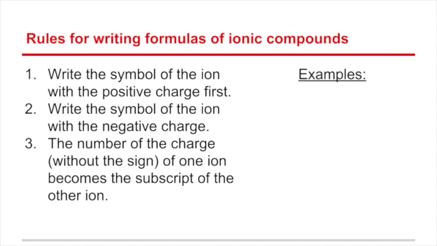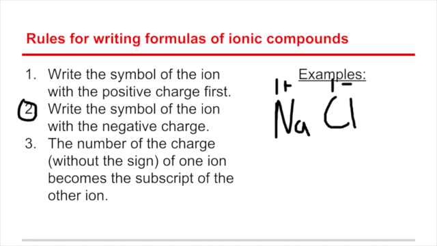The positive ion is always going to be sodium, and we already know sodium has a 1 plus charge. So we've written it on the left, then we're on step 2, write the symbol of the ion with the negative charge. So Cl, if we looked way back at the table, has an oxidation number of 1 minus.